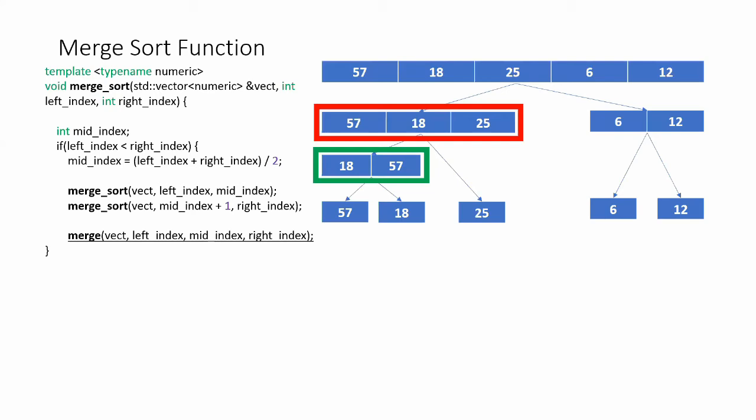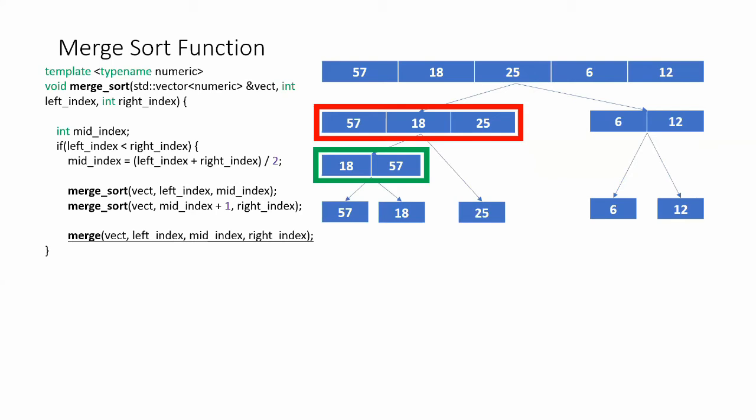So now we finish that merge function call, and we go to the next merge function call. The next merge function call is called by the segment that's highlighted in the red box, and the green box is just what has been merged. Right, this is what has just been merged, and now it's sorted.